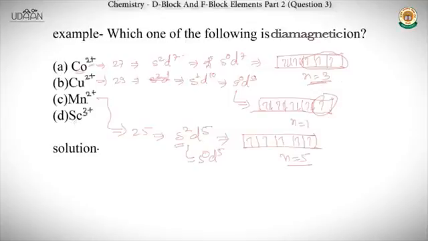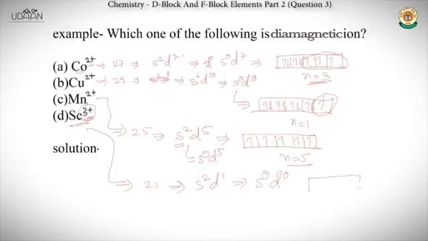So, coming to the next part, Sc3+. Sc has an atomic number of 21. Therefore, its electronic configuration will become s2 d1. After removing 3 electrons, as it has charge plus 3, therefore s0 d0.